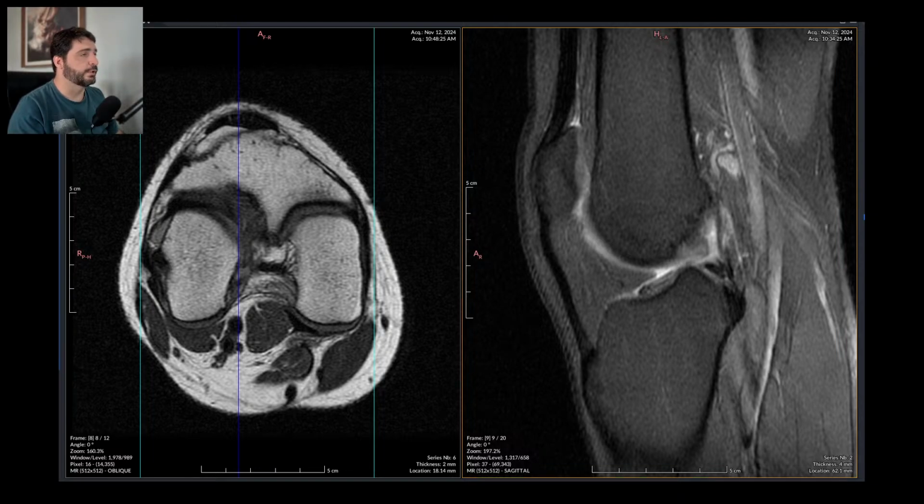We have a lumbar spine. Lumbar spines could be indeed emergency scans, I suppose. It's loading. It's here.